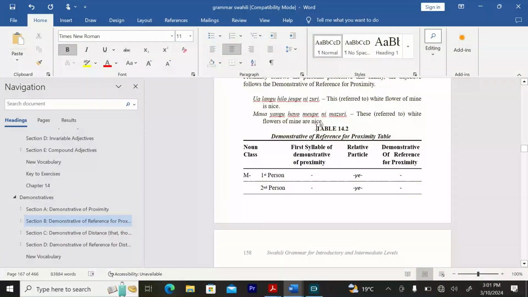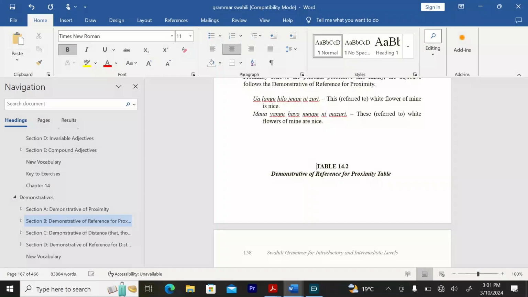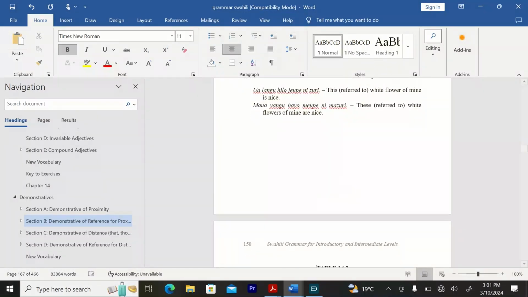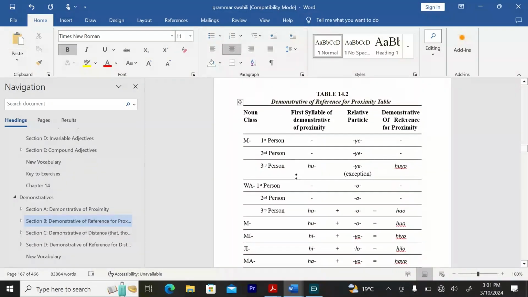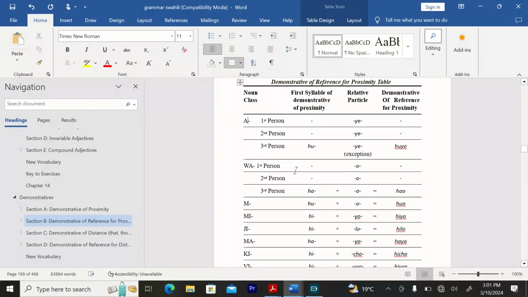We have table 14.2. Let me just put it down here. We have the u class here: first person, second person, and third person. We have yeye, but for the demonstrative of reference there is none.